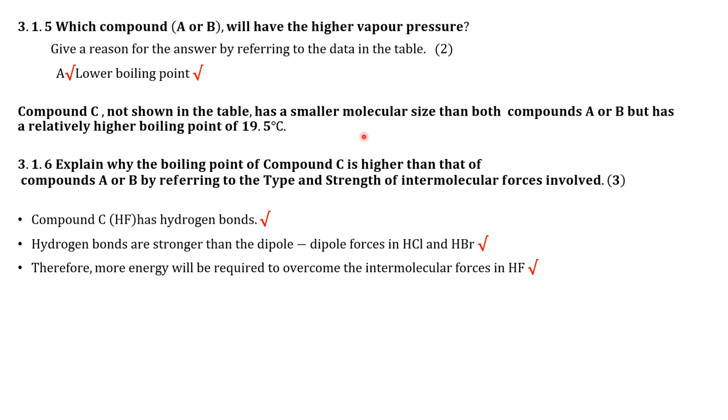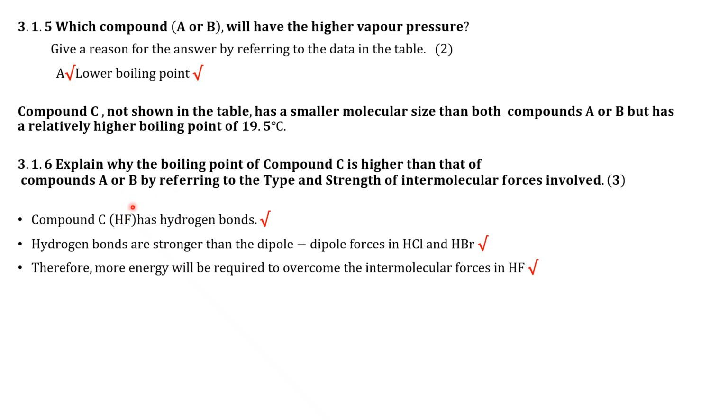Then they say compound C, not shown, has a smaller molecular size than both A and B, but a relatively higher boiling point. So when can it be smaller but have a higher boiling point? That only happens when there's hydrogen bonding. So compound C, in this case, most probably is hydrogen fluoride.